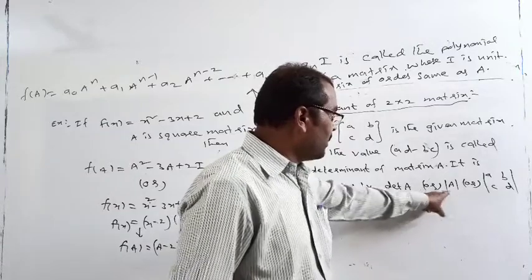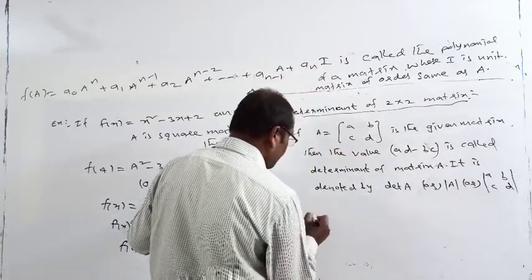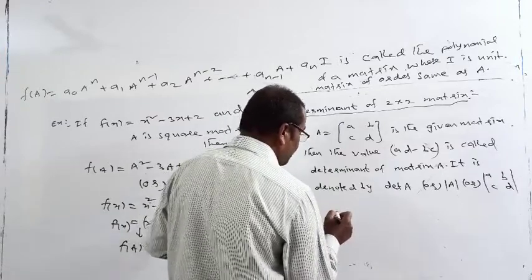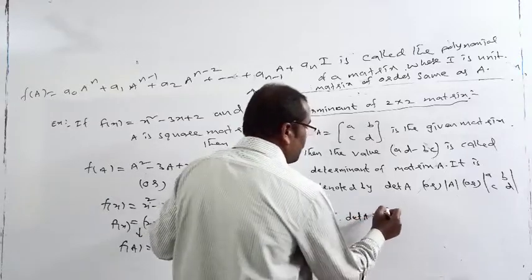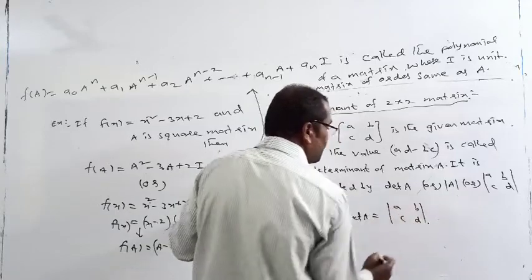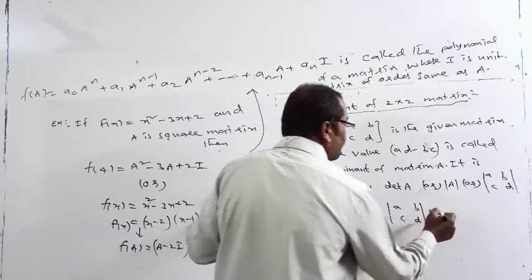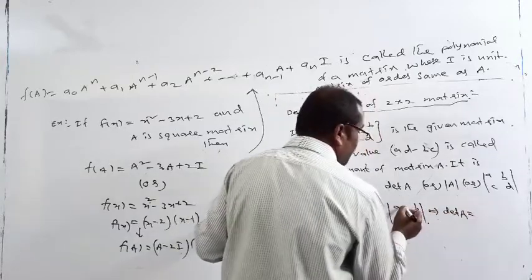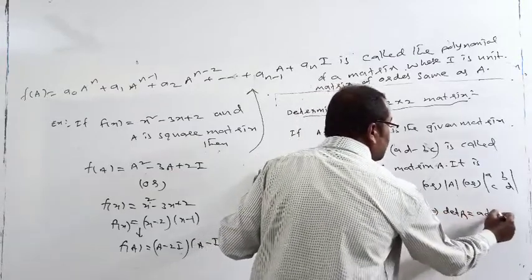So therefore det A is equal to the determinant of A, B, C, D. This implies det A is equal to, you can take the cross multiplication here, AD minus BC.